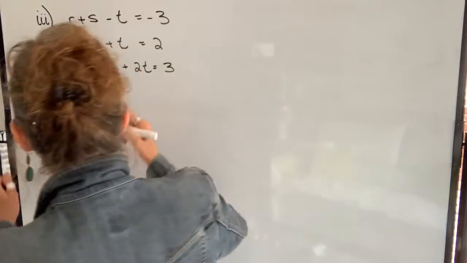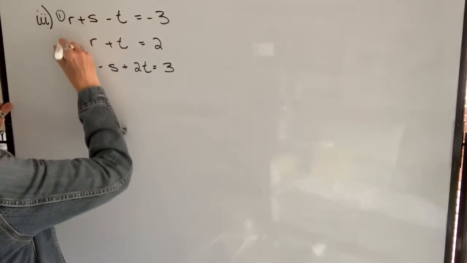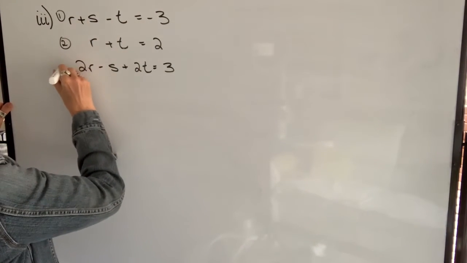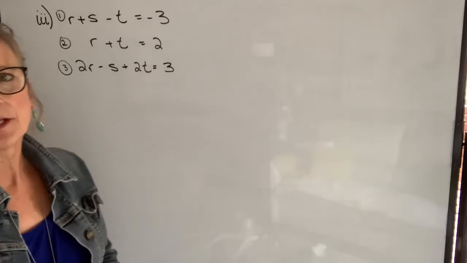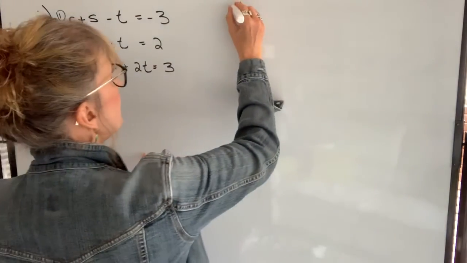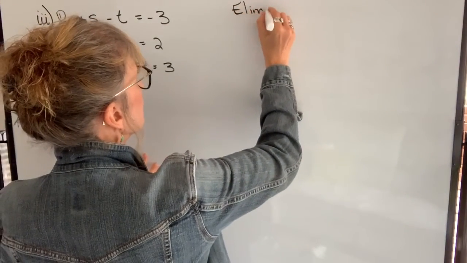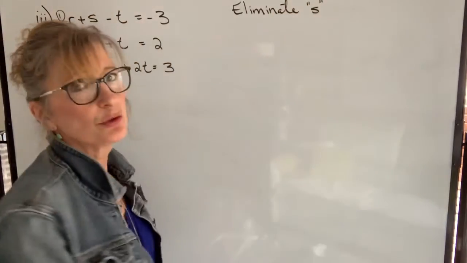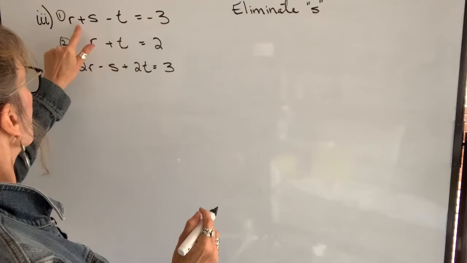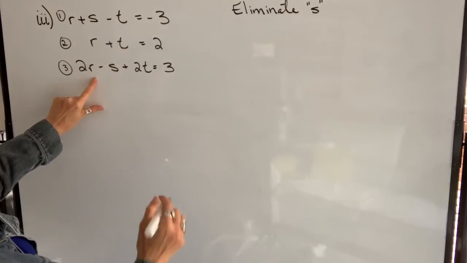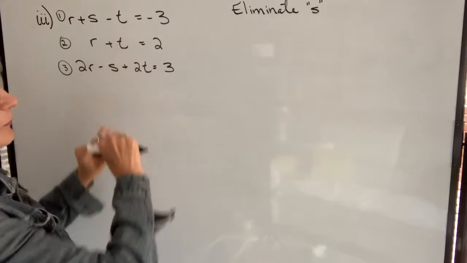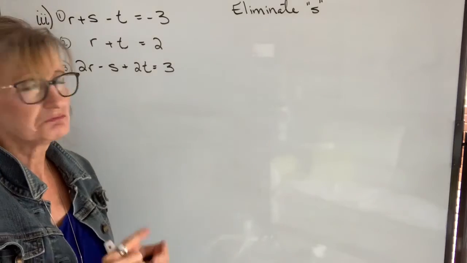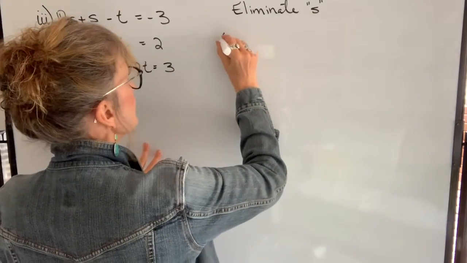Let's number these, and I'll show you what I'm talking about. I want to eliminate the s, but I only have to do it once. So I take equation 1 and equation 3. Because s has the same coefficient opposite in sign, I don't have to do any manipulation.